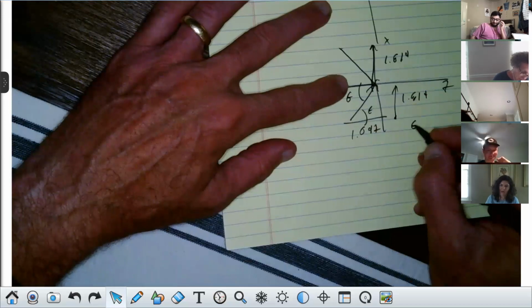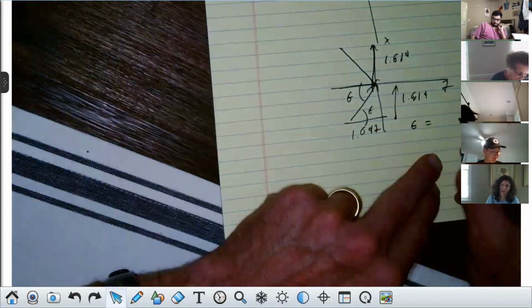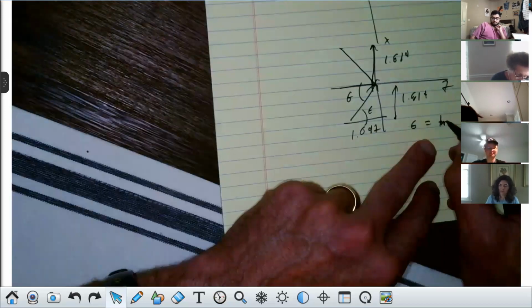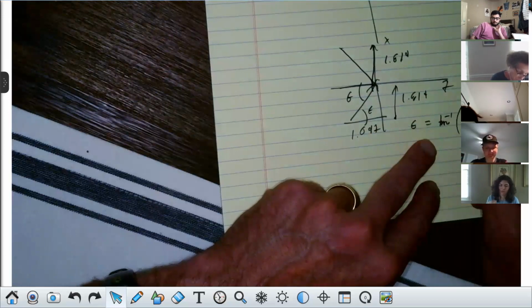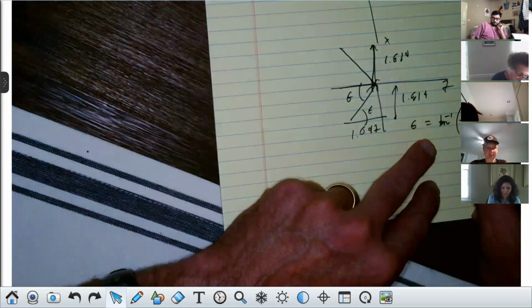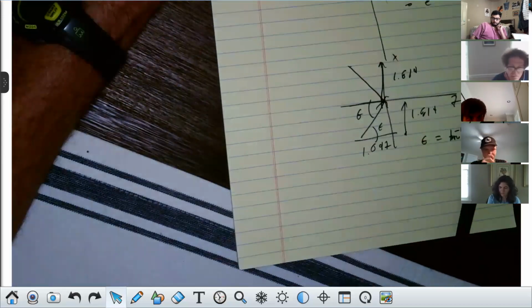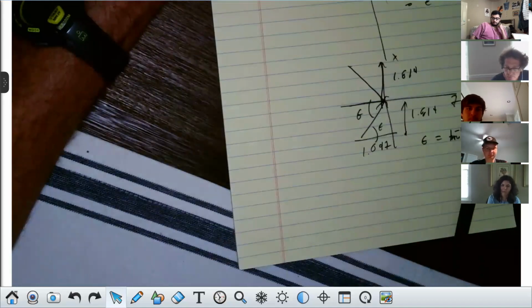So that angle right there is going to be tan minus 1 of opposite, which is 1.814 over 1.047. Let me see what that is. I'll tell you if that's 60 degrees or not.